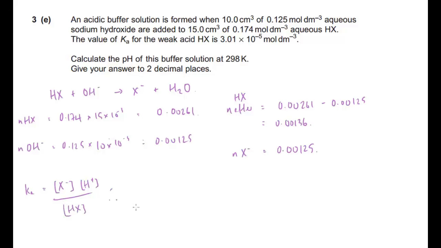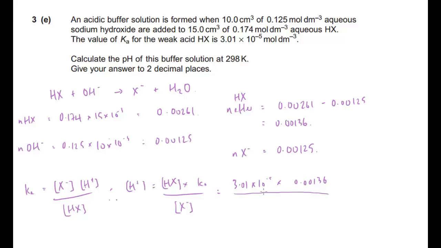Rearrange that to find that H plus is equal to HX times Ka divided by X minus. Stick our numbers in: our Ka is 3.01 times 10 to the minus 5, multiplied by the acid, 0.00136. Not worrying about volumes again because the volume is the same, therefore it's going to cancel.